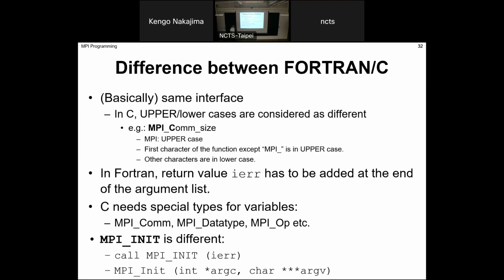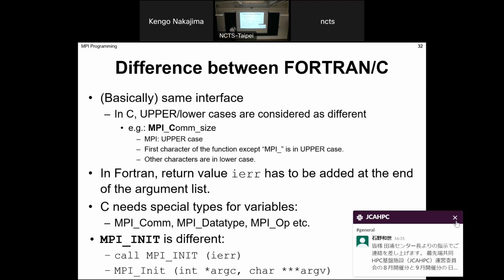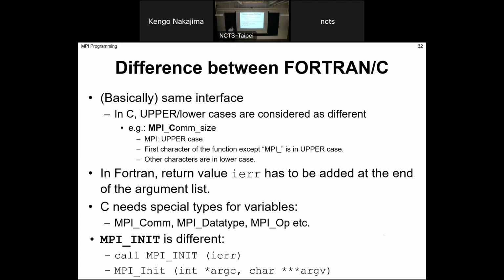And in Fortran, the return value, ierr, has to be added at the end of the argument list. So Fortran usually has more arguments compared to the C language.